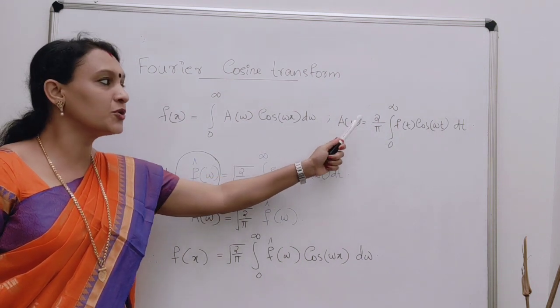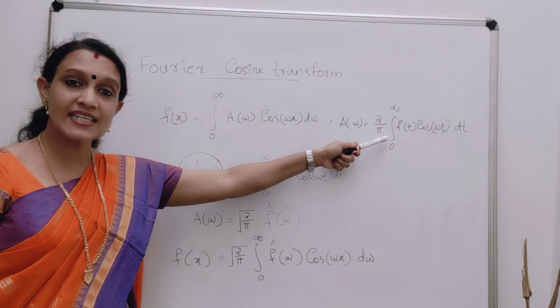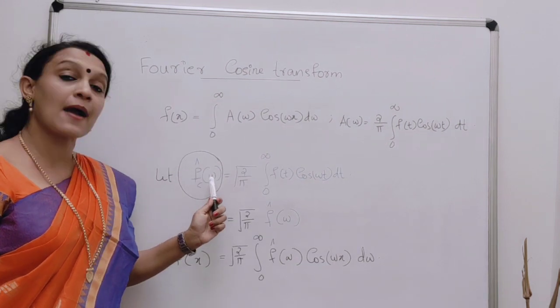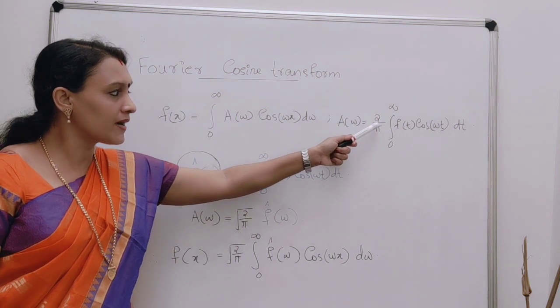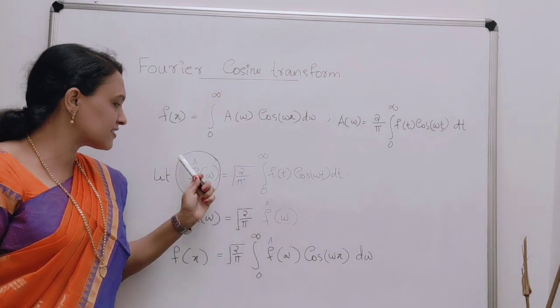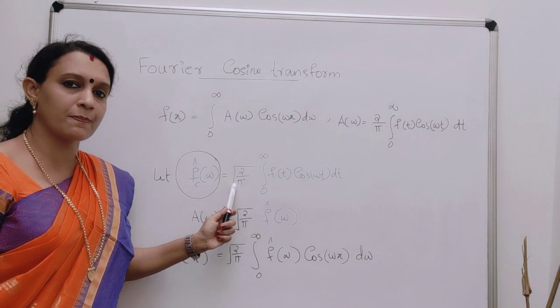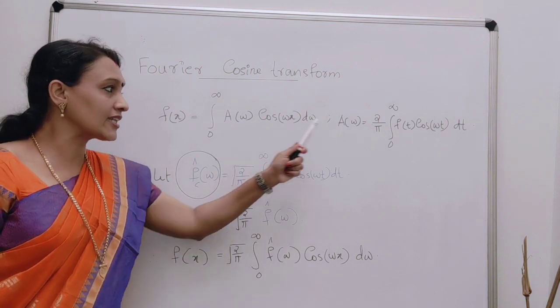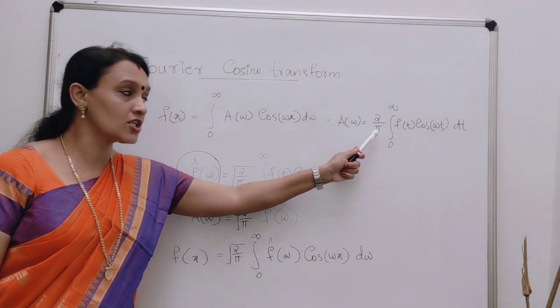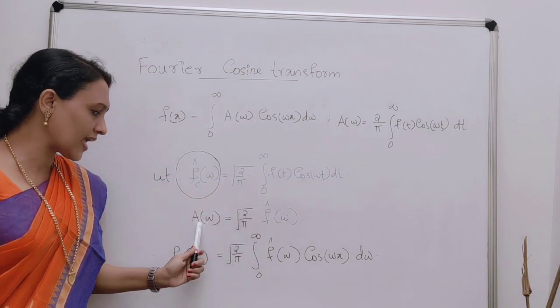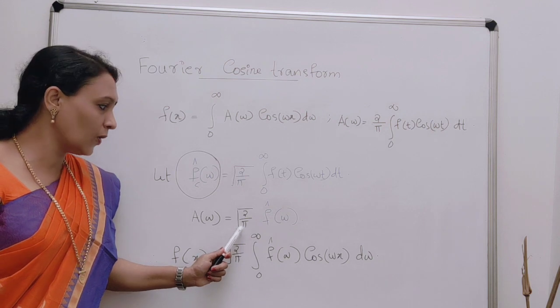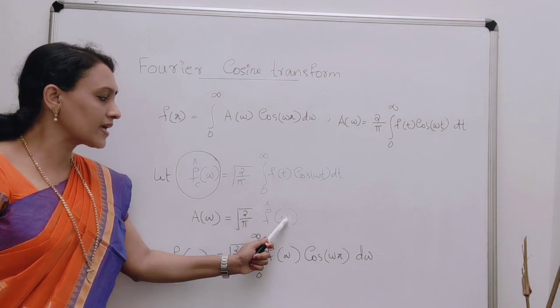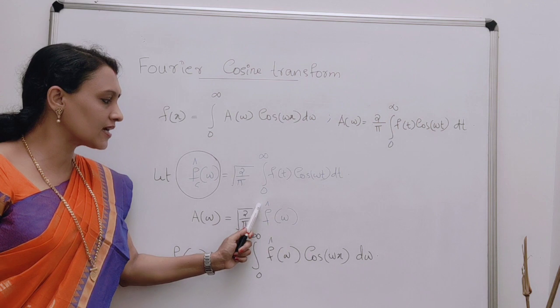A omega you can write in terms of F c cap omega, isn't it? So what will be A omega? We have 2 by pi, and already in F c cap omega we have root 2 by pi. So in order to get 2 by pi, you can write root 2 by pi. So A omega we can write as root 2 by pi into F c cap omega.